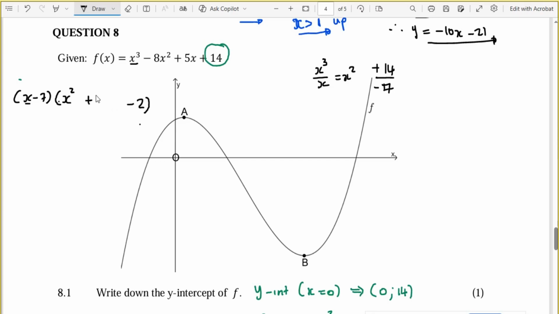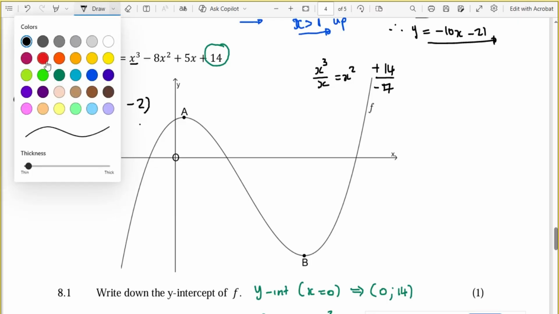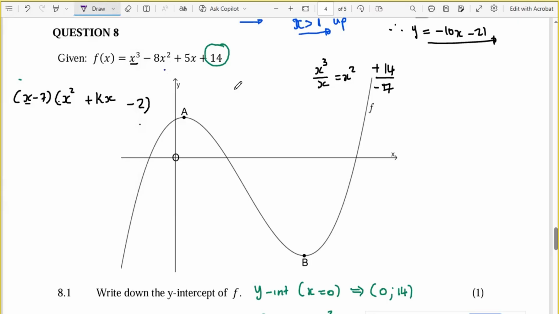The middle part, I'm going to say this is kx. Now, the aim is to find the value of k, and we're going to do this by inspection. Let's create the coefficient of x. This x times that minus 2 will give me the coefficient of x, and another one that can give me the coefficient of x is minus 7 times kx.